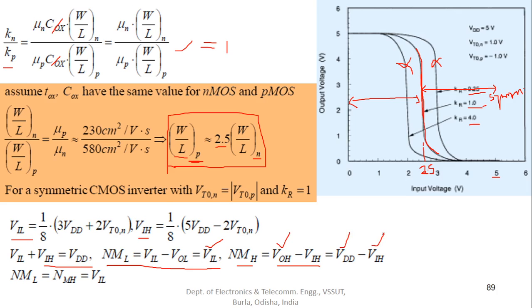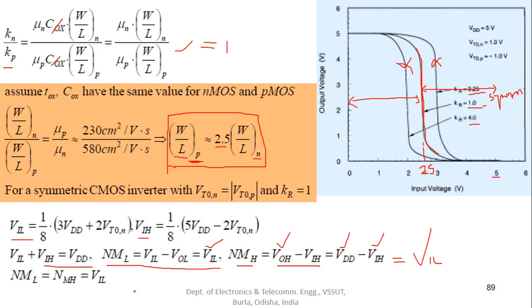When you put this equation in this condition, this will come out to be VDD minus VIH, that is, this will come out to be VIL.